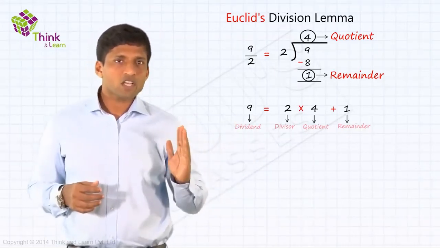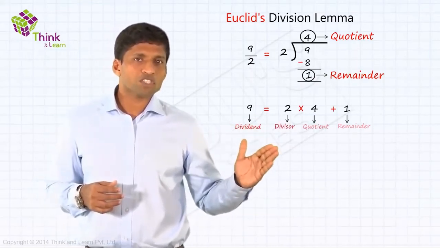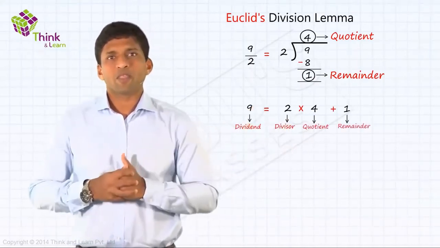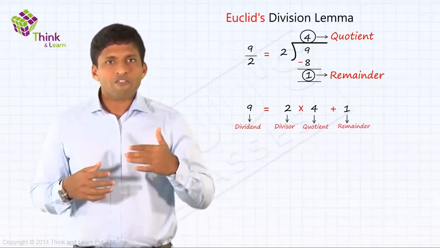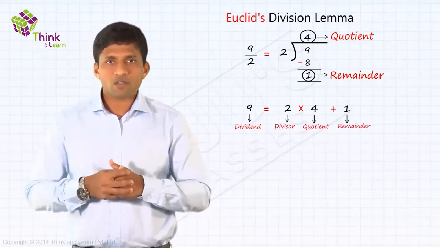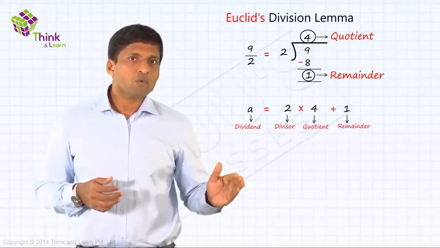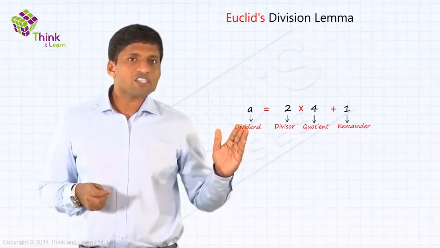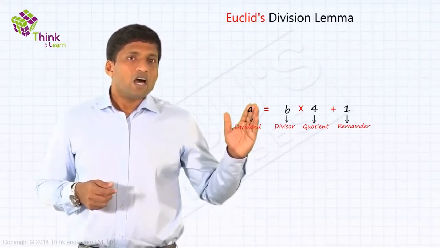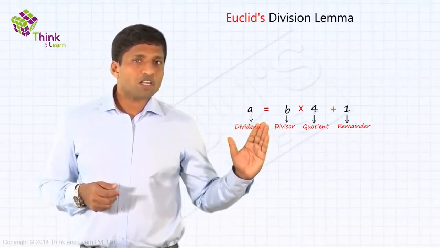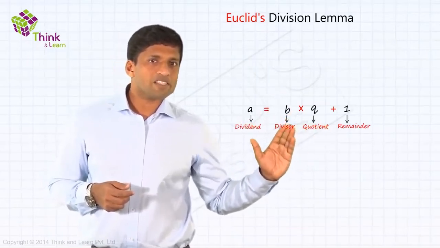In this case, 9 is the dividend, 2 is the divisor, 4 is the quotient, and 1 is the remainder. Now, instead of using numbers, if I replace them by variables: instead of 9, I take A, instead of the divisor 2, I take B, the quotient 4 I write as Q, and the remainder 1 I replace by R.